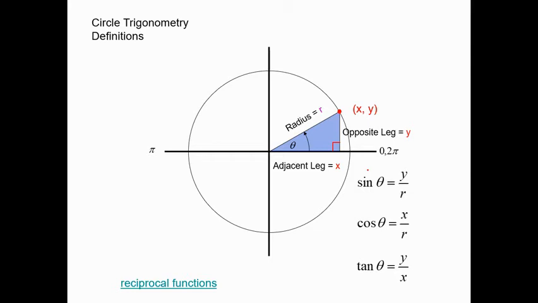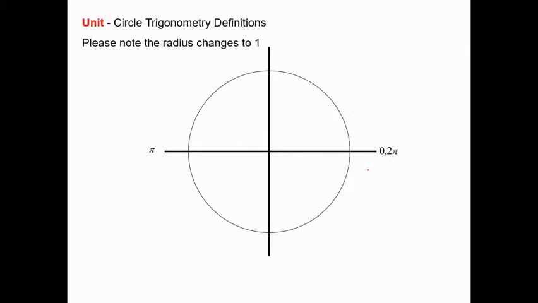So there's our sine, our cosine, and our tangent, now written instead of opposite leg over hypotenuse, adjacent leg over hypotenuse, or opposite leg over adjacent leg. We can now just say y over r, x over r, and y over x.